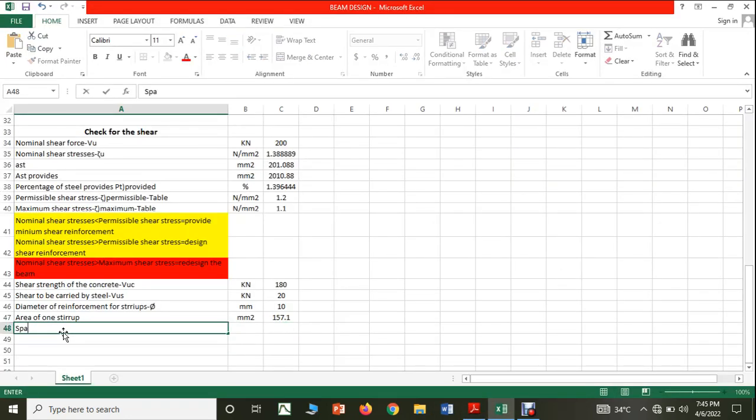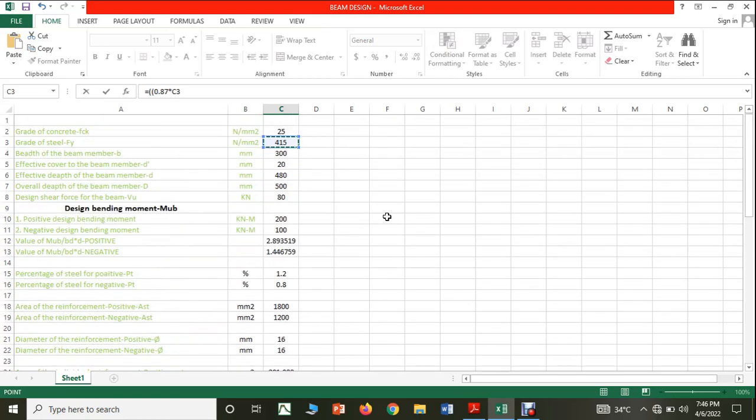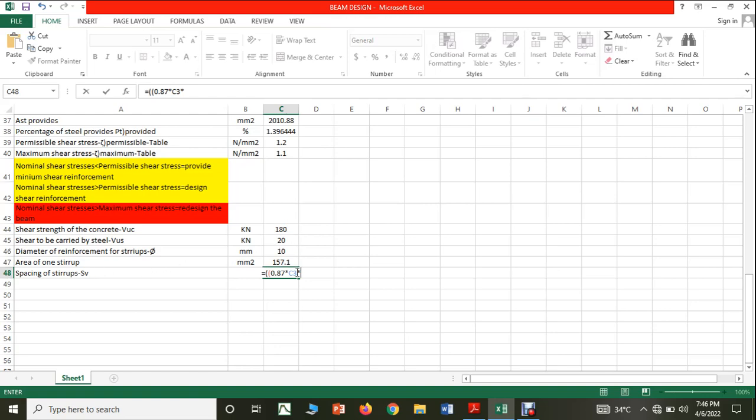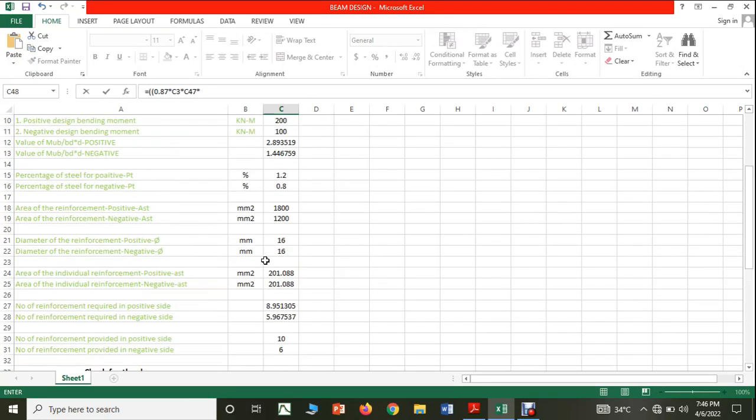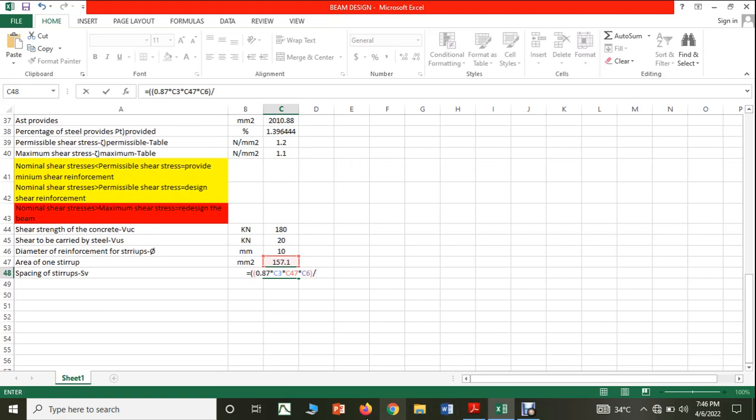The spacing of the stirrups SV, in mm, will be equal to 0.87 into f of y, which you have already chosen, into ASV, where ASV is nothing but this one, into small d, divided by VUS, into 1000.